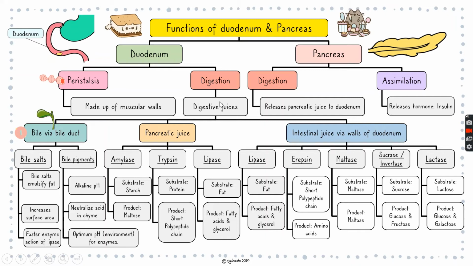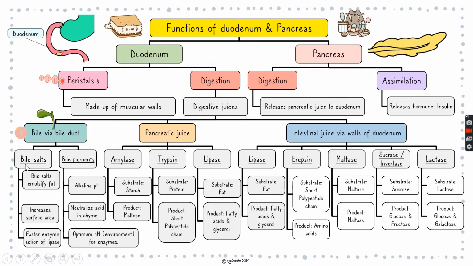So the digestion part of the duodenum is the fact that the duodenum actually receives 3 types of digestive juices. So let's go down to this line here. The first digestive juice is called bile, and the duodenum gets this via the bile duct.